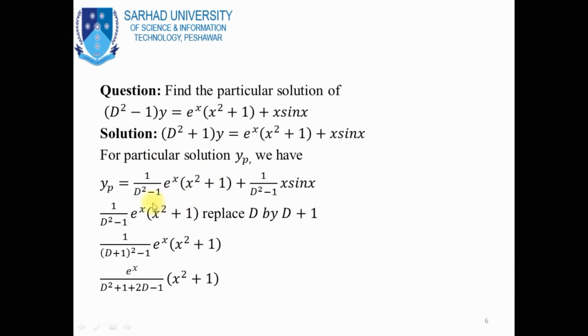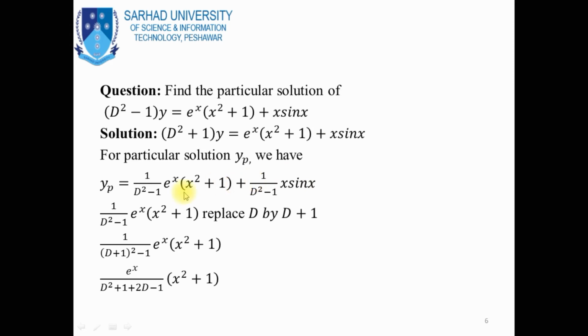So the inverse operator in case of particular solution: 1 over D square plus 1 on the given function e power x into (x square plus 1), plus 1 over D square plus 1, the inverse operator, upon x sine x.